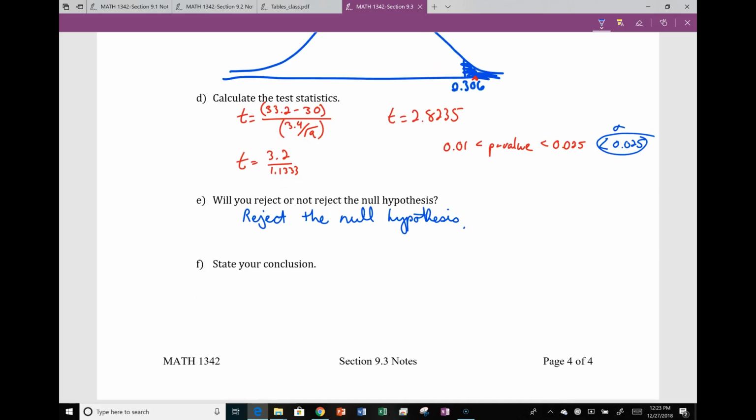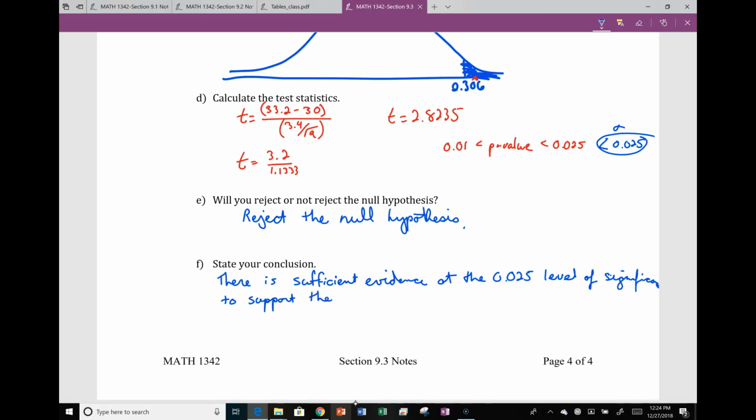Since we reject the null hypothesis, there is sufficient evidence at the 0.025 level of significance to support the customer's claim.